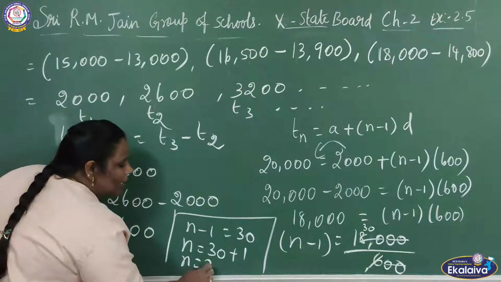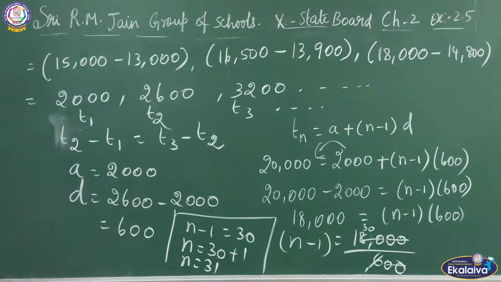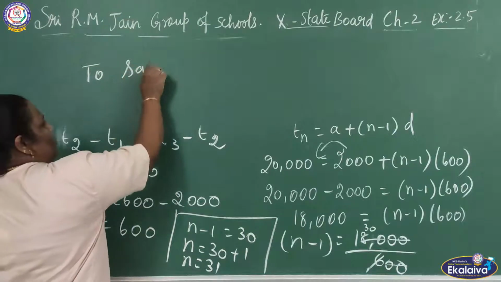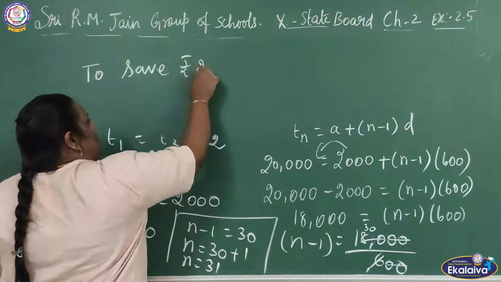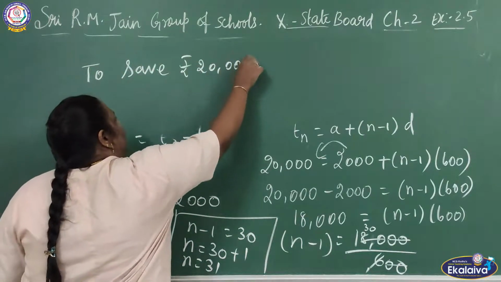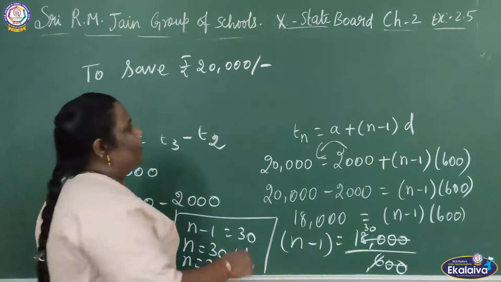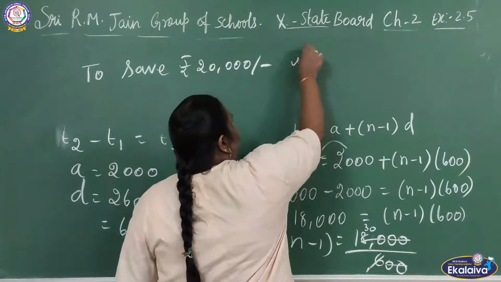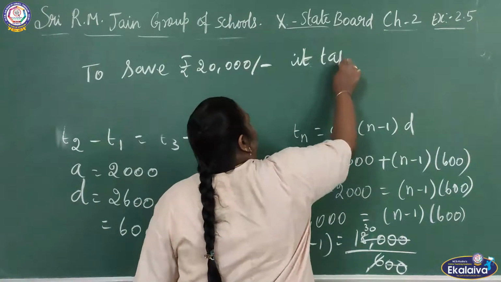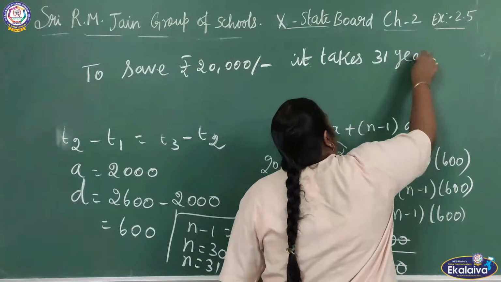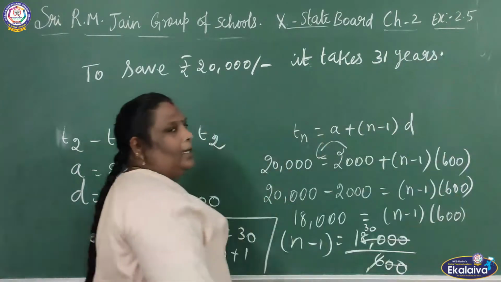So, N equal to 31. See, to save rupees 20,000, how many years does it take? 31 years. It takes 31 years.